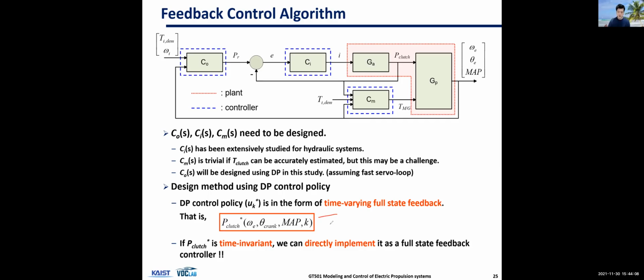But the main difference between this problem and the fuel economy problem is that this is actually time invariant, and we can directly implement it. For the fuel economy problem, it was a time-varying solution because the power demand and vehicle speed were different as a function of time.